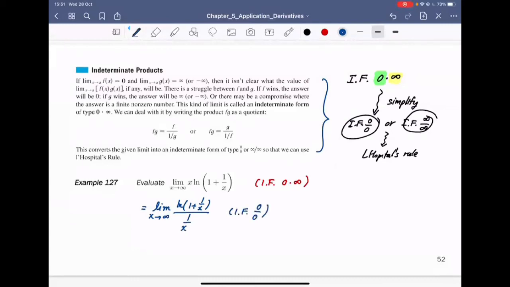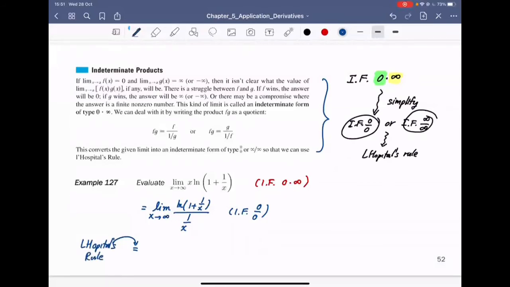Because on the top, you're going to have log 1. On the bottom, you're going to have 1 over infinity, which is 0 over 0 now. And once you have 0 over 0, our friend L'Hopital's rule.